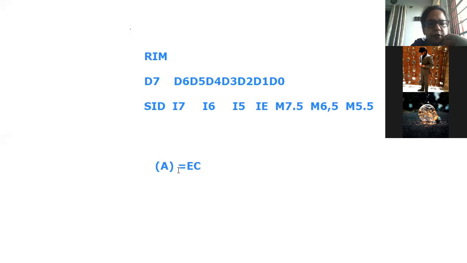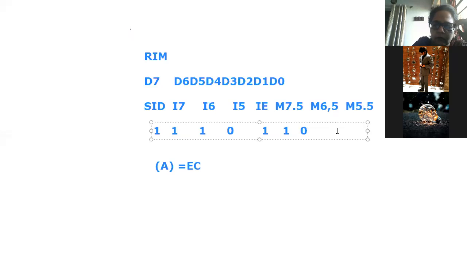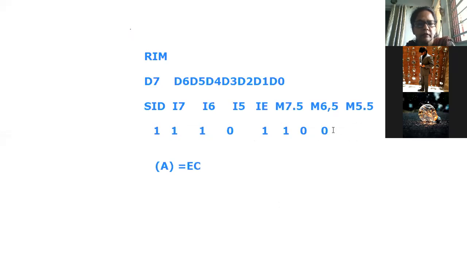If I get this particular data, what does it mean? E means 1 1 1 0, and C means 1 1 0 0. So EC means this particular data has come in the accumulator.